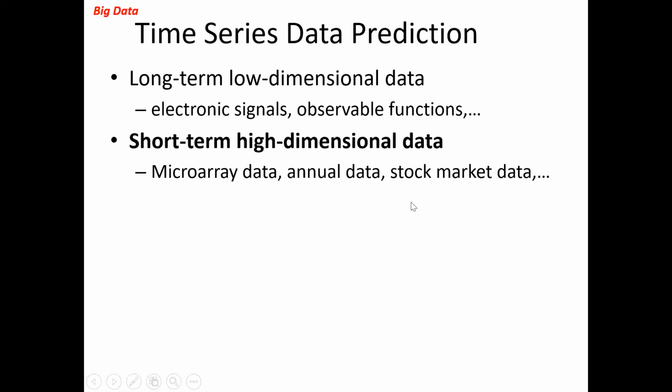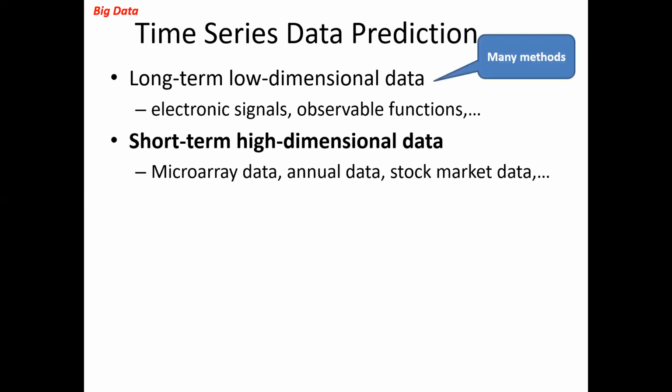I will show you why stock market data is short term. It's very interesting, I think. If you ask, I will show you why it's short. Anyway, short-term high-dimensional data is really widely available.